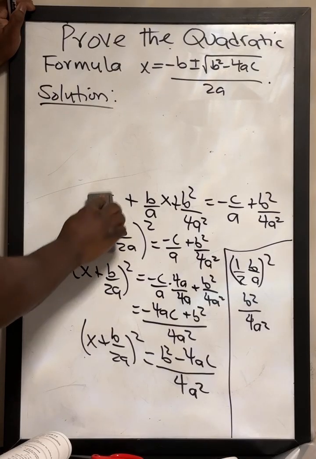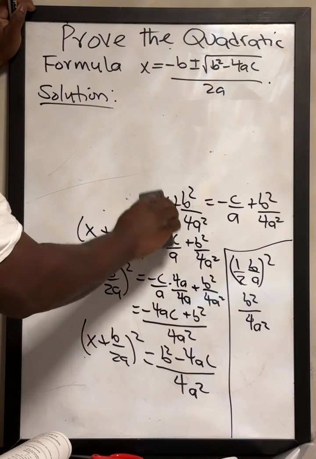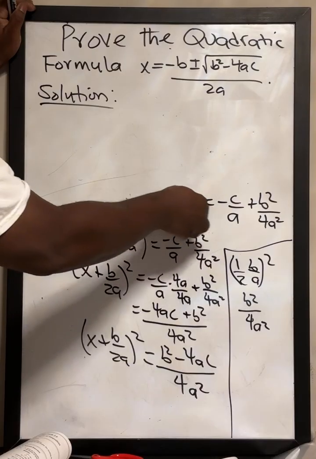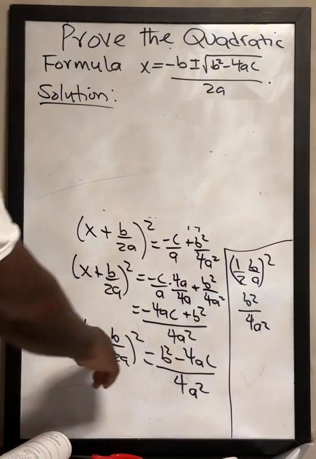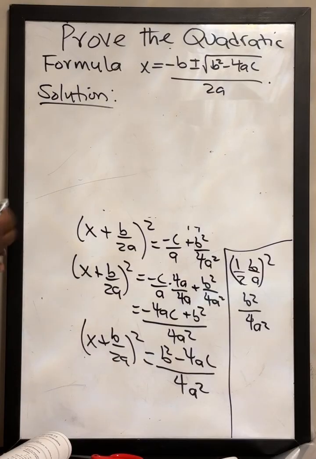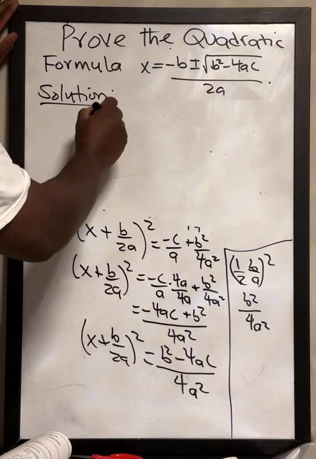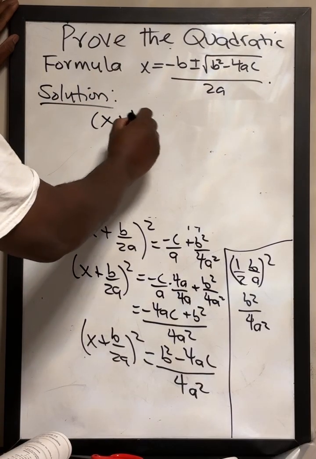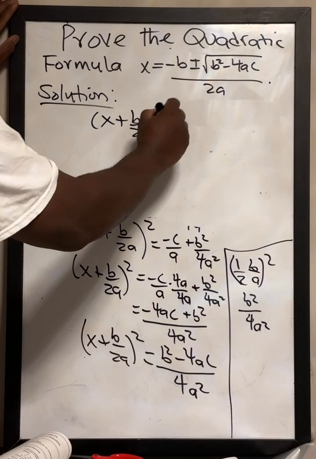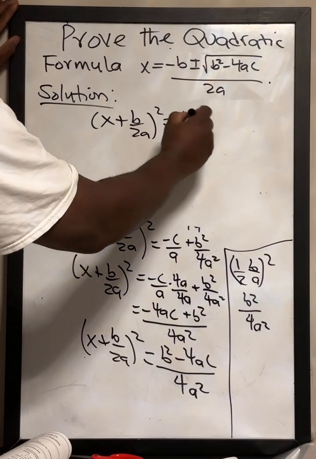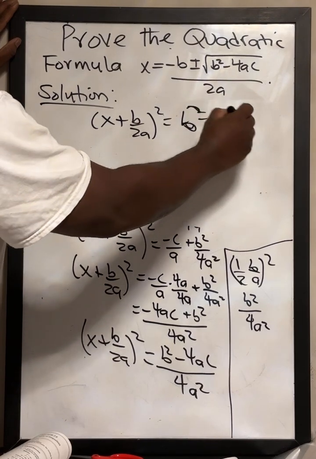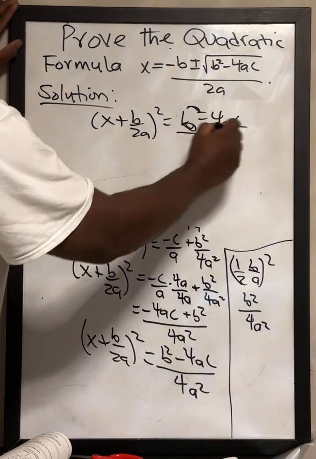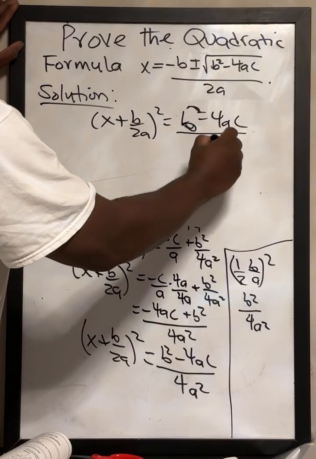So I'm going to erase the first two lines. I'm going to erase these two. Okay, so from here we have x plus b over 2a squared is equal to b squared minus 4ac all over 4a squared.